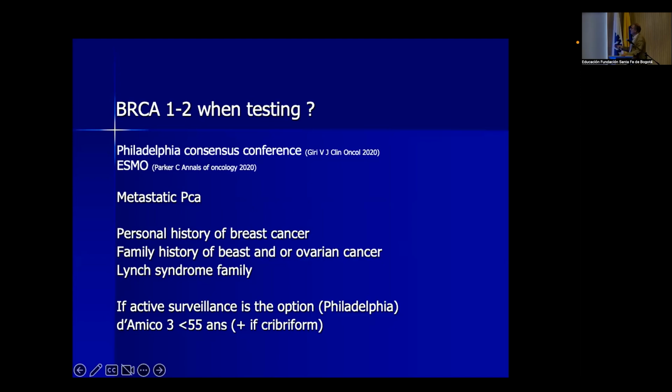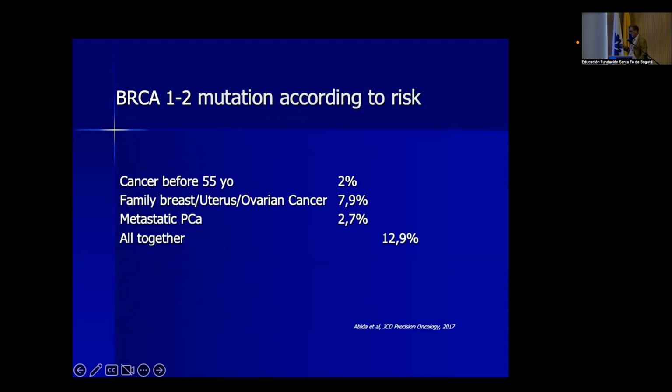Otherwise, you can also look for BRCA mutation in patients with metastatic disease that have no other treatment possibilities. Some also recommend testing in patients on active surveillance. This is the Philadelphia consensus. And in patients with ISUP 3 and less than 50 years old, who are supposed to have a very aggressive tumor.